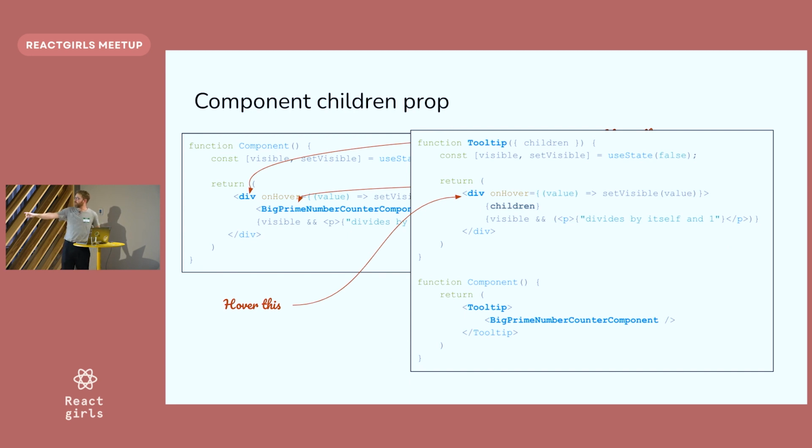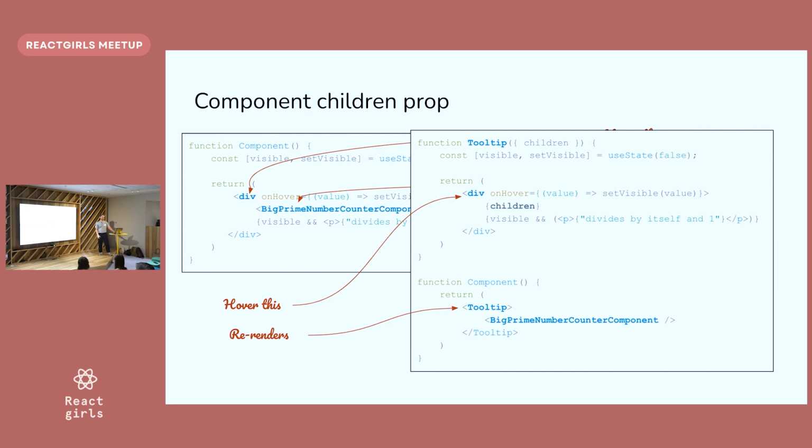So what will happen if I hover over this div? Which components should we render in this case? This one will definitely re-render, right? The state inside it changed. But will the big prime number counter component re-render?